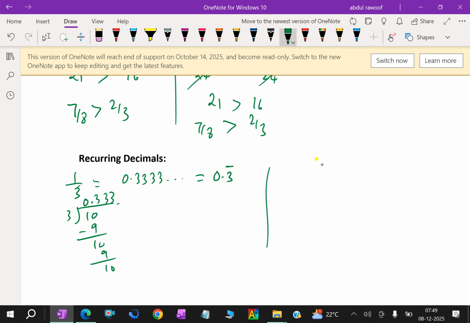Consider one more: an approximation of pi is 22 by 7. Here 7 ones are 7, 7 threes are 21, add a point, 22 minus 21 is 1, add 0 to make 10. 7 ones are 7, subtraction is 3, add 0, 7 fours are 28, 2 carries. Then 20, 7 twos are 14, 6 carries.